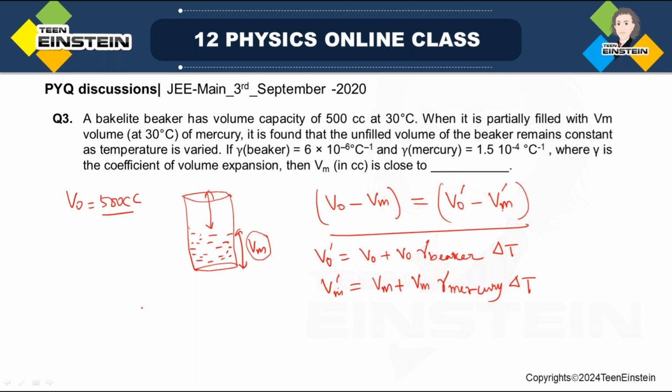Now if I put V0 prime and Vm prime here, I will get an equation. V0 minus Vm is on the left hand side.